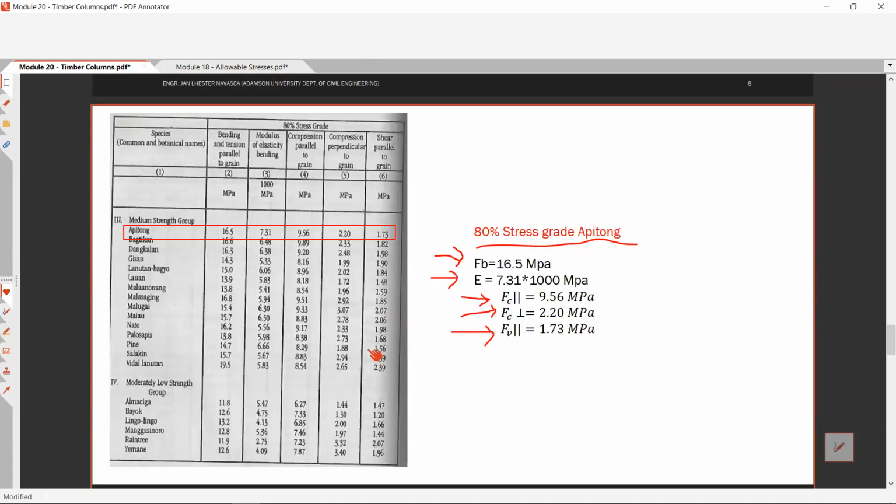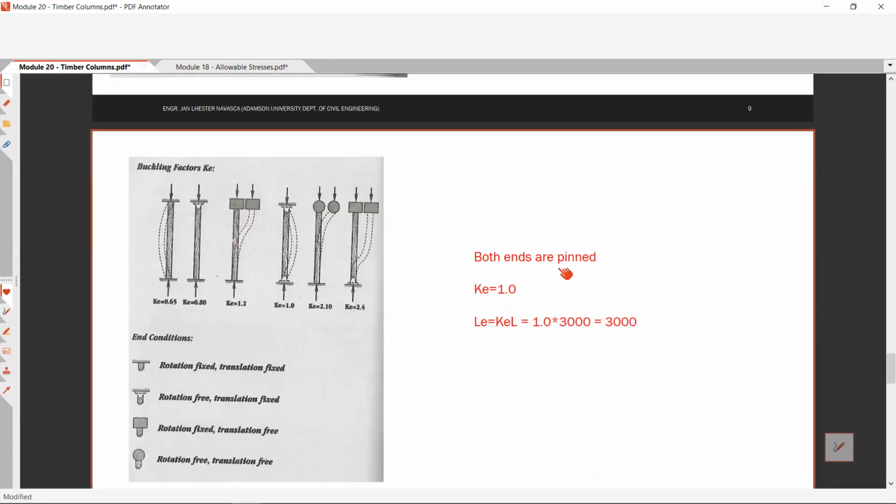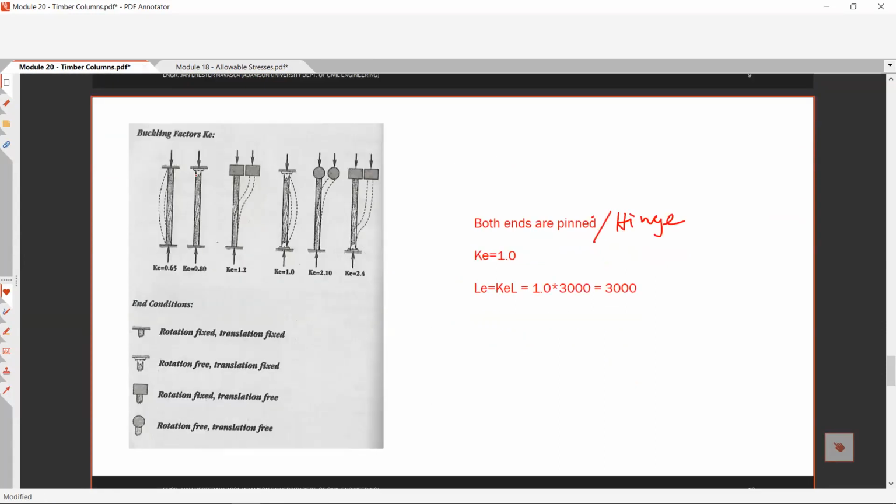Ang sabi sa support type, both ends are hinge or pin. Saan ba dito yung both ends are hinge? Ito yung hinge, yung itsura ng hinge is ganyan. So both ends are hinge, so that is your K equal to 1.0.